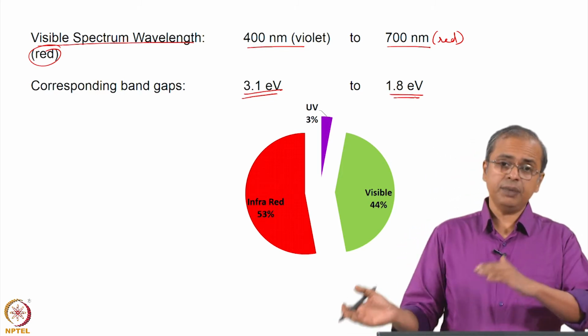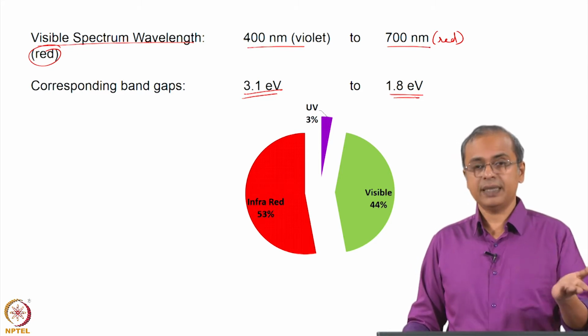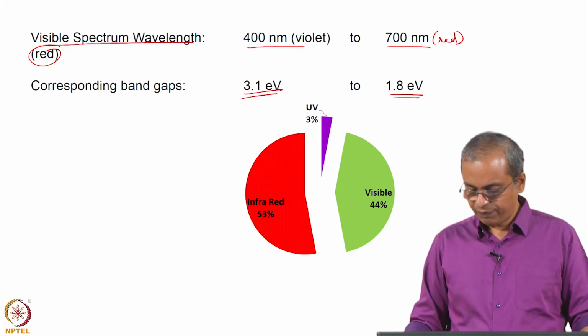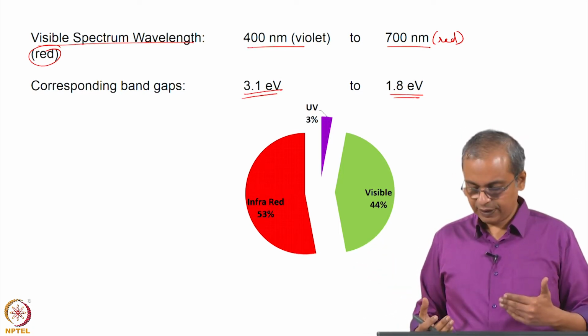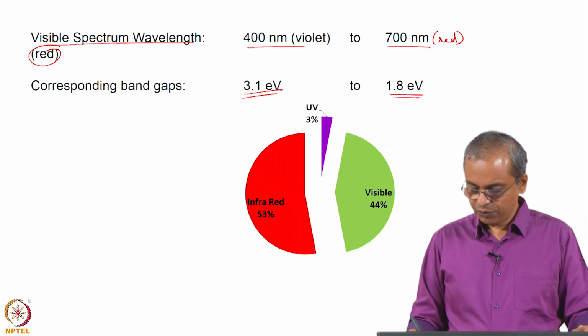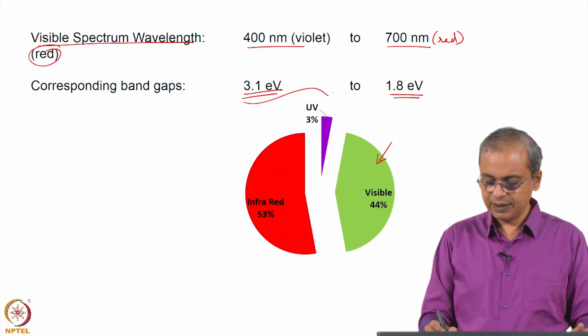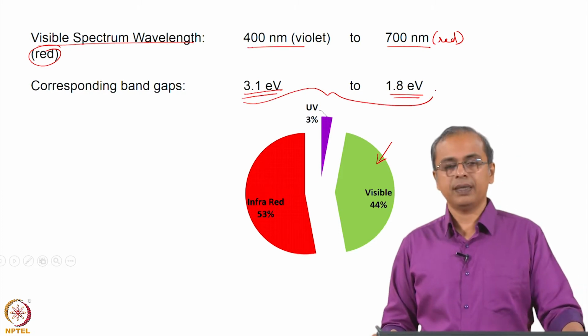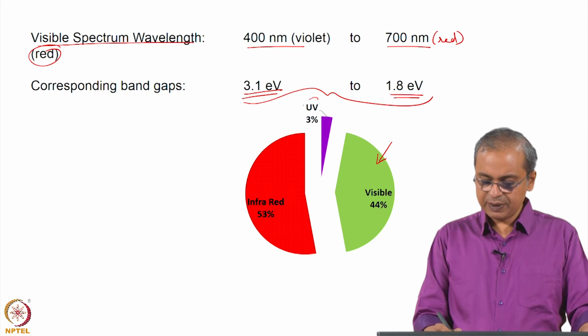If you see the distribution of energy across the spectrum, the intensity across the spectrum, then you will find that if you look at light that arrives on the surface of the earth, 44% of it is in the visible spectrum. So, 44% of it falls in this range, 1.8 to 3.1 electron volts. You have about 3% which is ultraviolet.